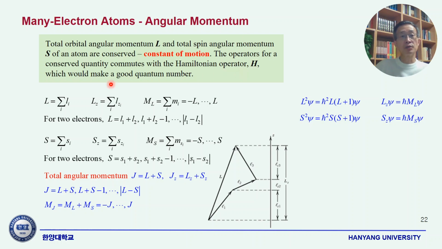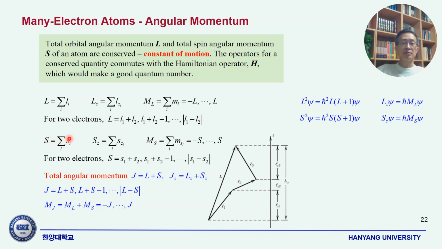That's the idea. So the L operator is the sum of the small l's, and of course Lz is the sum of the lz's, and then ML runs from minus L to L in integer steps. So for two electrons, what we have is L from l1 plus l2 down to the absolute value of l1 minus l2, and the integers in between.